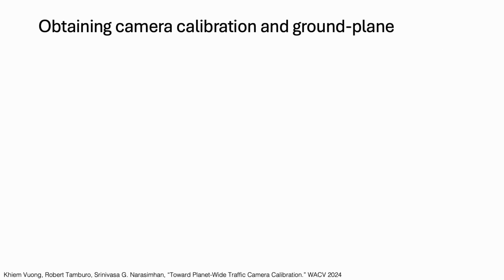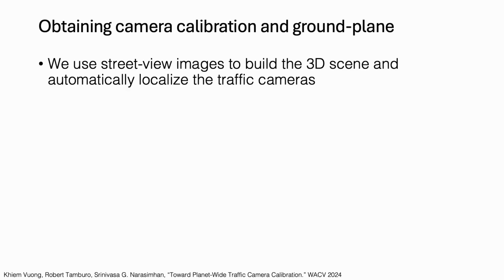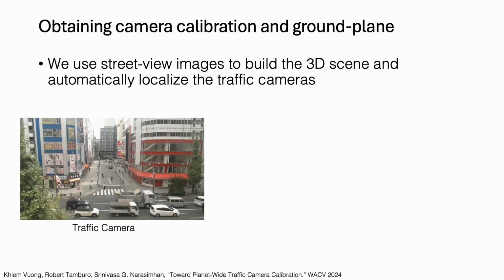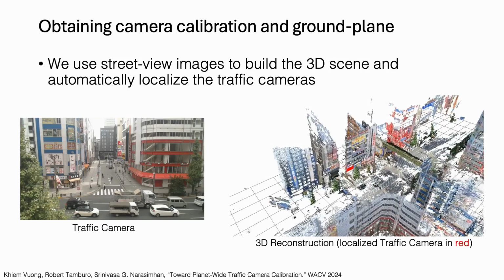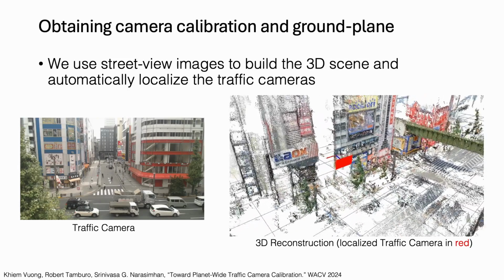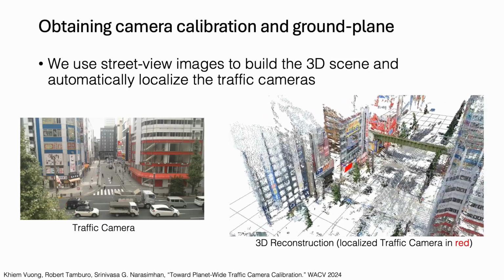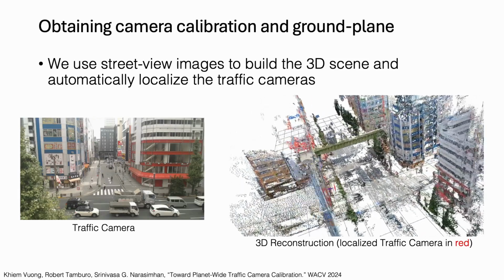One crucial thing that we swept under the rug is how we obtain camera calibration and ground plane. For this, we use street view images to view the 3D scene and automatically localize the traffic camera with respect to the scene. Here, we show the traffic camera that we are interested in, and on the right, we show the localization of that camera within the intersection.